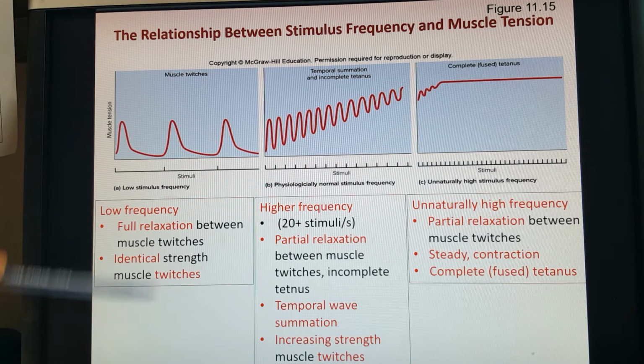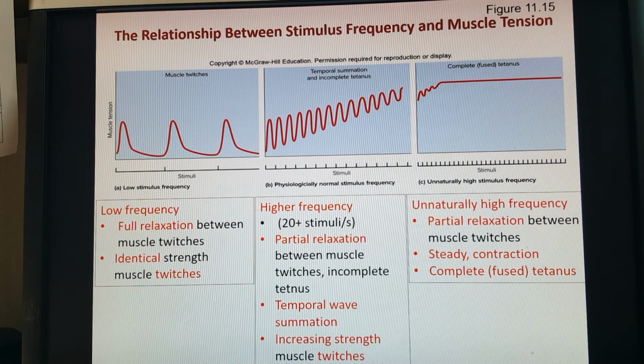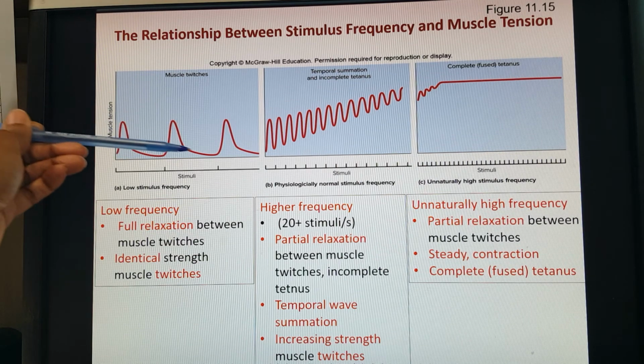The far left is low frequency, the middle is higher frequency, and the far right is an unnaturally high frequency. For a low frequency stimulation, the time difference between our stimuli is long enough to allow our muscle to fully relax, and so the strength of our muscle twitches is going to be the same. You're starting from baseline every single time.